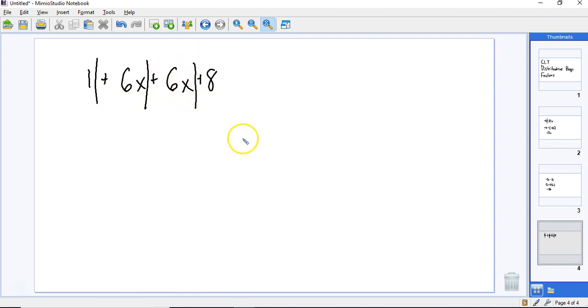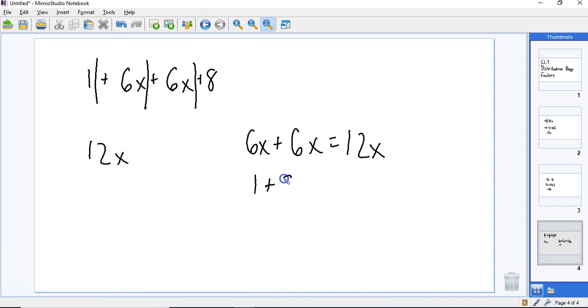So they are like terms. So I've got 6x plus 6x. 6 plus 6 is 12, and then the x goes along. So I've got 12x. And then 1 plus 8 equals 9, and that's positive because they're both positive. So my answer is 12x plus 9.